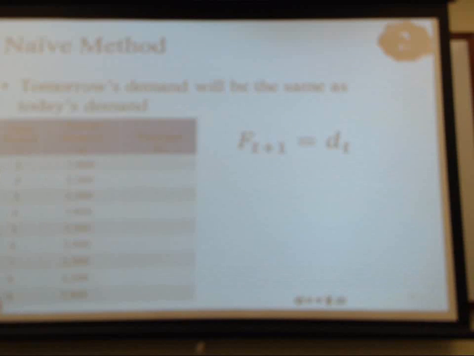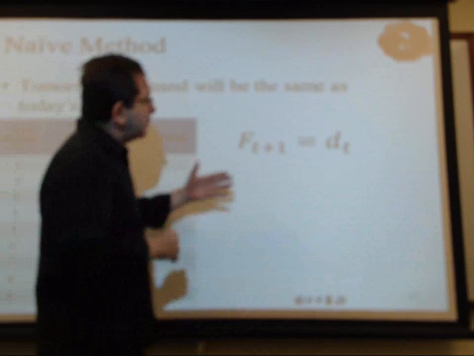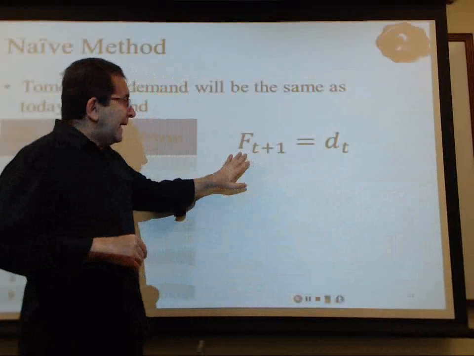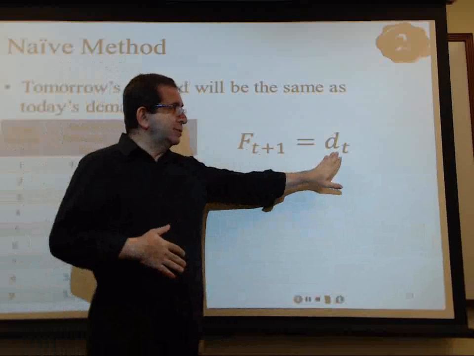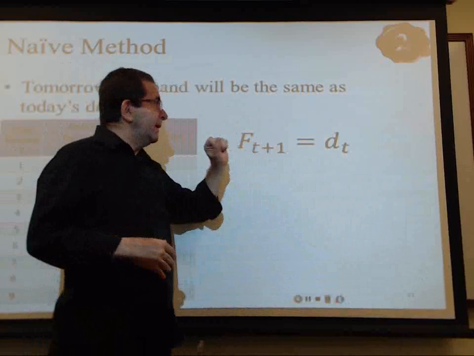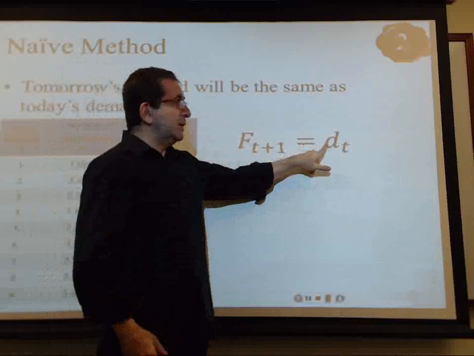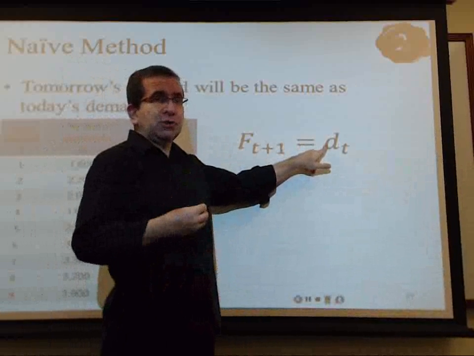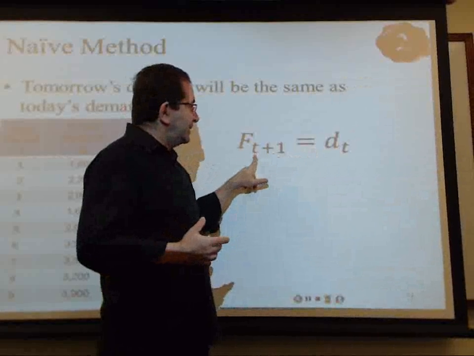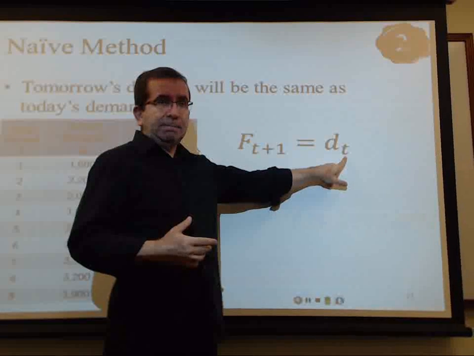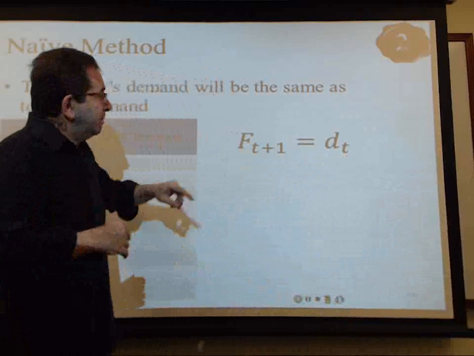So what are some of these methods? Now, the first method is called the naive method. And it has a very simple formula: F sub t plus 1 equals D sub t. So what does that mean? F stands for forecast, D stands for the actual observed demand, and the subscripts indicate time. So what does this mean?